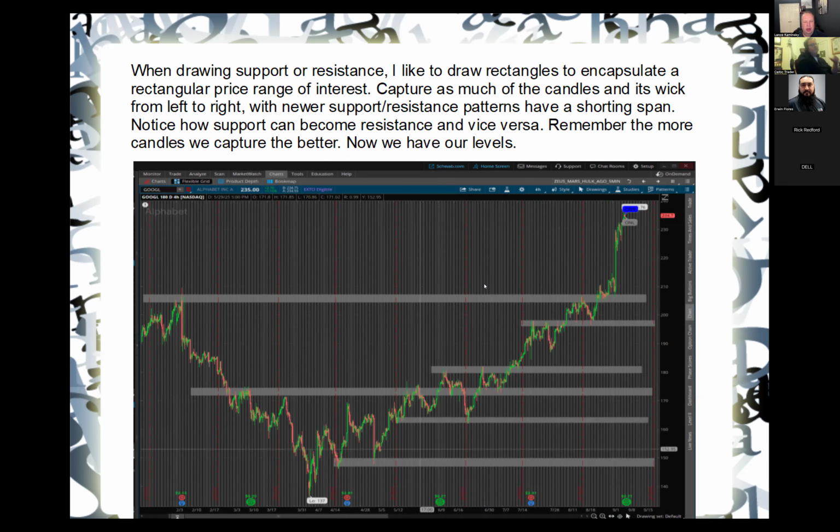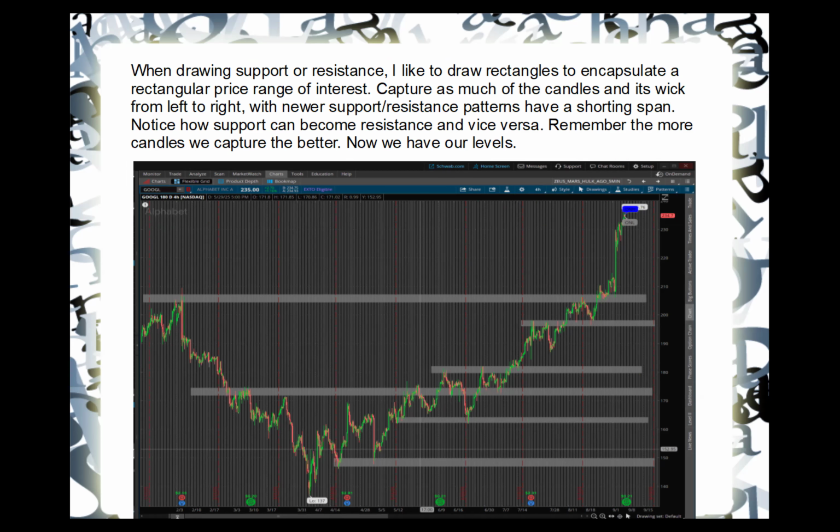So when drawing support or resistance, what I like to do is draw rectangles to encapsulate the price range of interest. And I like to capture as much of the candles and their wicks from left to right, with newer support and resistance patterns having a shorter span. What do I mean by that?